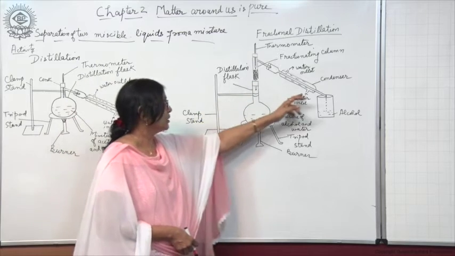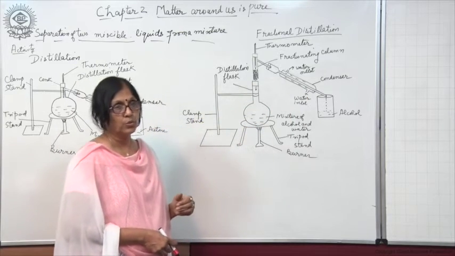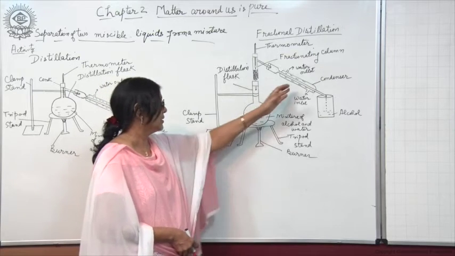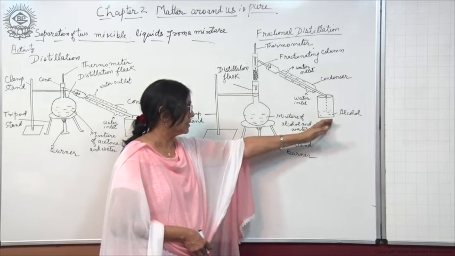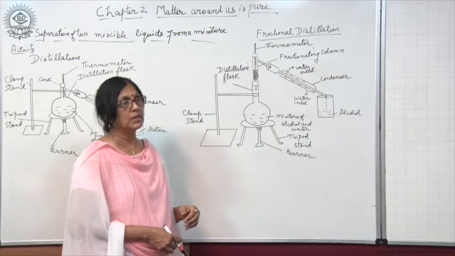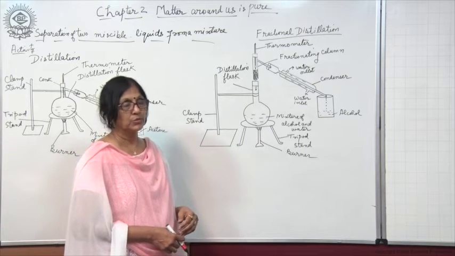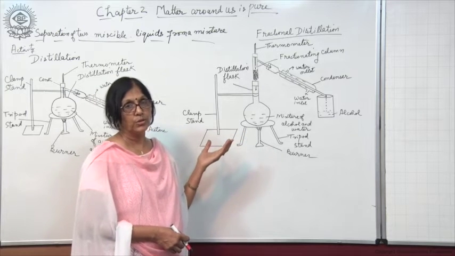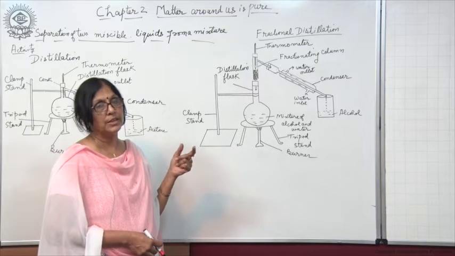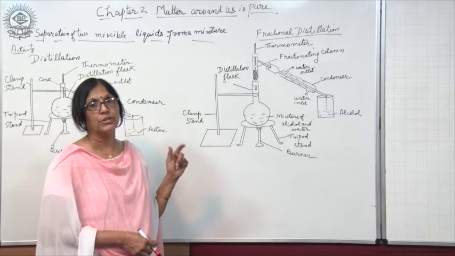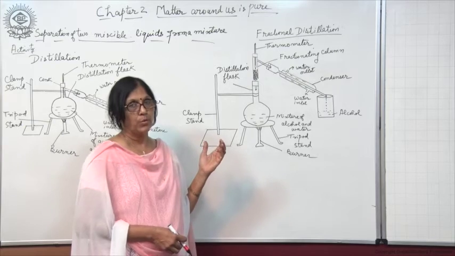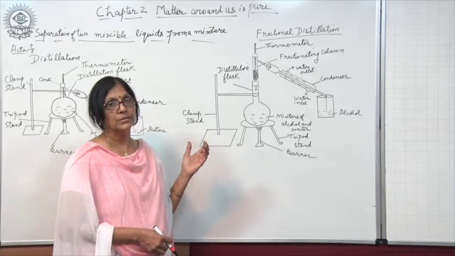It will pass through the inner tube of the condenser, where it will get cooled by the flowing water and will condense and be collected in the beaker kept below the condenser. So alcohol can be separated from water, and water will be left behind. The only thing to be kept in mind is the temperature, which should remain fixed and should not rise above 78 degrees centigrade, which is the boiling point of alcohol.